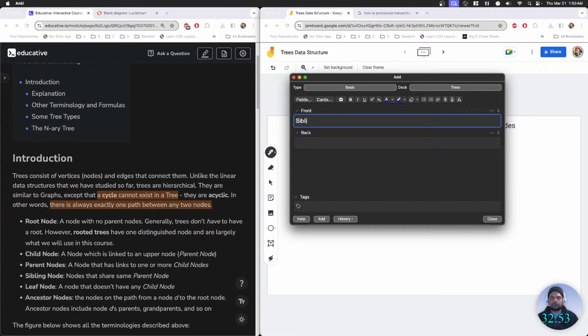Sibling node: nodes that share the same parent node. Leaf node: a node that doesn't have a child node.